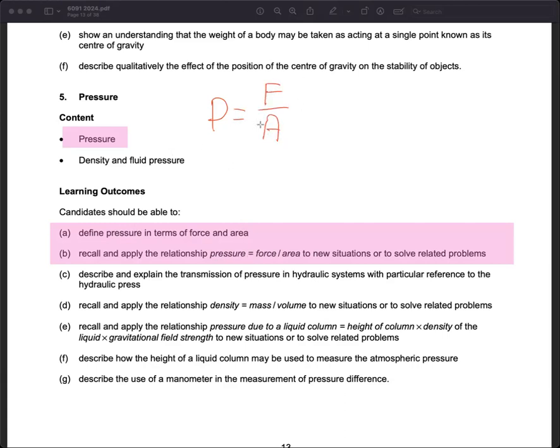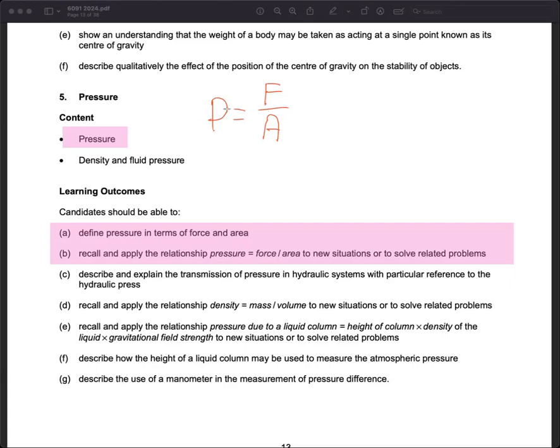From this formula, if A is a constant, if the area doesn't change, the greater the force, the greater the pressure. Can you see that? If area remains constant, the greater the force will result in a greater pressure.